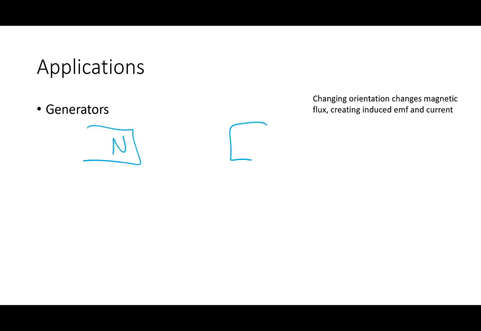You have a permanent magnet set up somewhere, and then you have a loop of wire that you're going to rotate with some speed omega. And as this thing rotates, the orientation between your loop surface and your magnetic field is going to change. This changing orientation is one way to change the magnetic flux, therefore inducing your EMF and current.